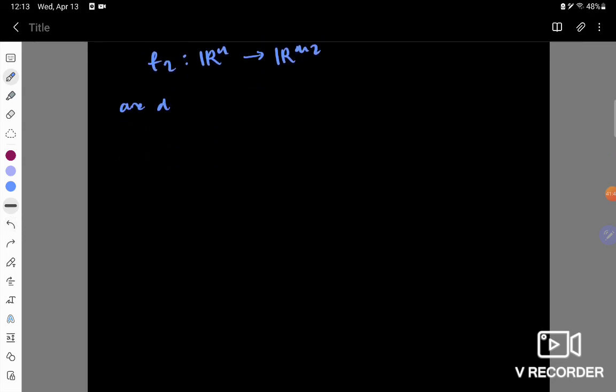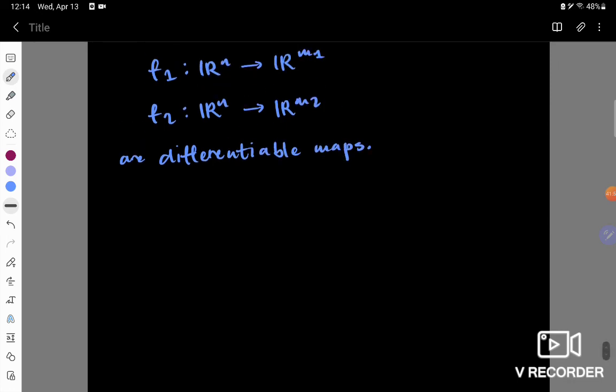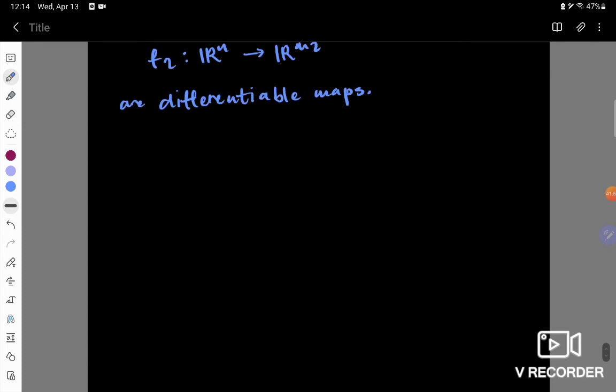Differentiable maps. So we have this supposition.